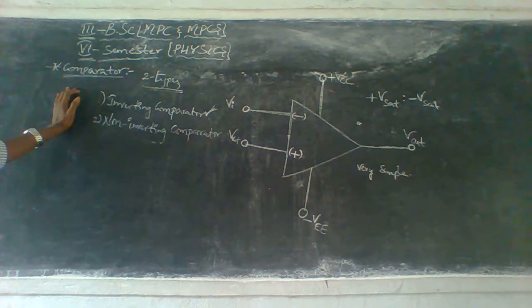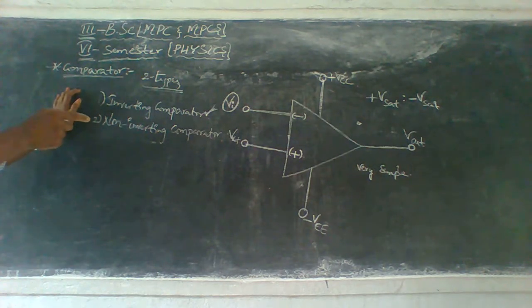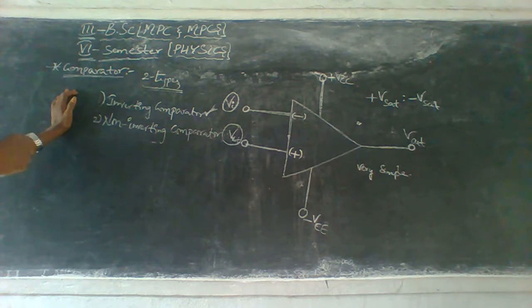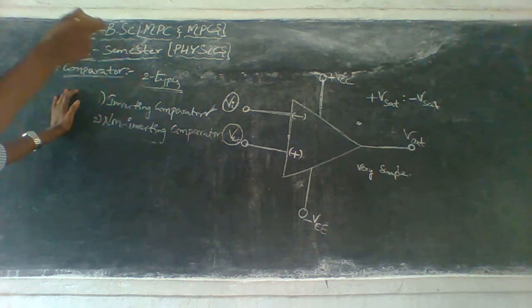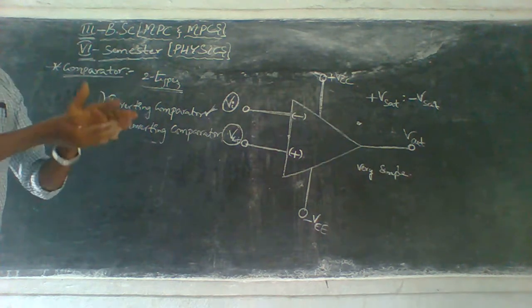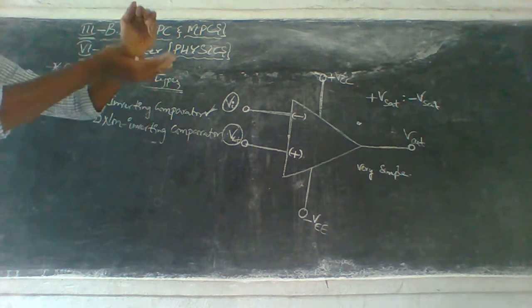Let the input voltage be Vi and the reference voltage be V reference. The output value of an inverting comparator will be minus Vsat when the input voltage Vi is greater than the reference voltage.